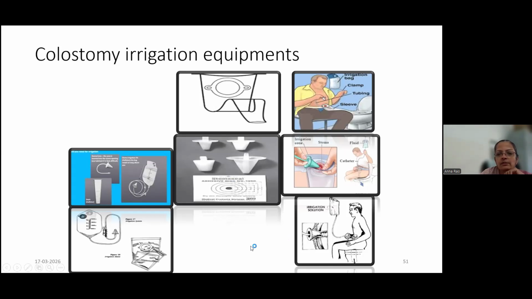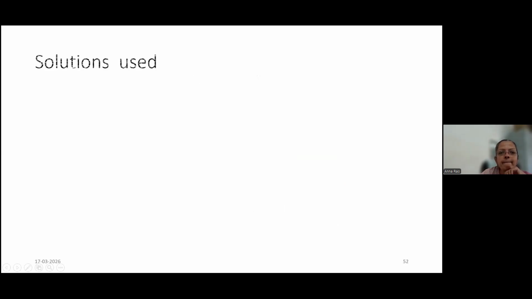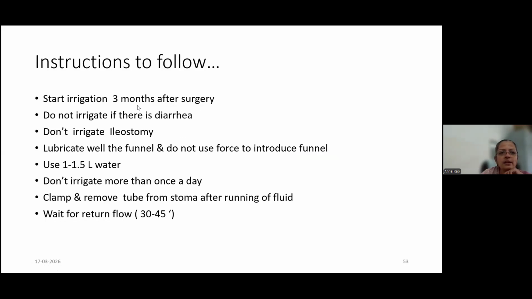We will see how it can be done. Here all the equipments are together. These are the solutions that are used, as I told, plain water and normal saline. If an enema needs to be given, then a soap water enema can be given.